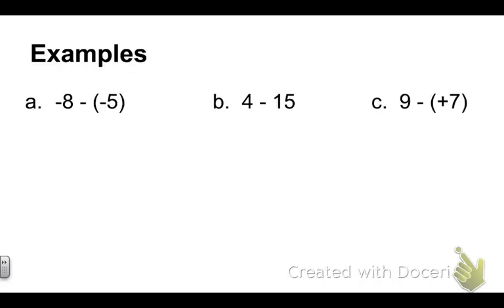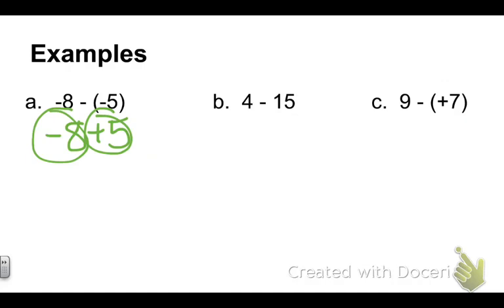So, for example, negative 8 minus negative 5, double signs. The opposite of a negative is a positive. So if you look at it, are the signs the same or different? They're different, so find the difference between them. Ignore the signs, 8 and 5.